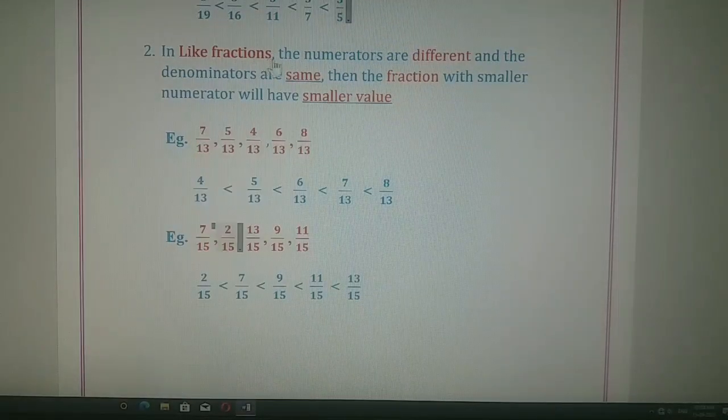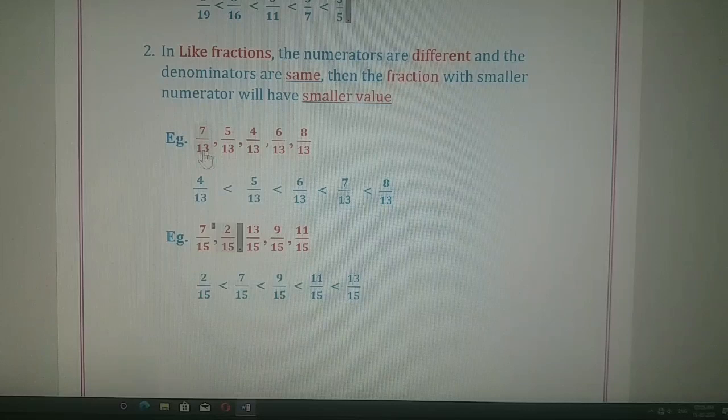In like fractions, the numerators are different and the denominators are the same. We know that in like fractions, the denominators are the same while the numerators are different. Then such a group of like fractions with smaller numerator will have smaller value. So here, if we observe, in this group of fractions, the denominators are the same.